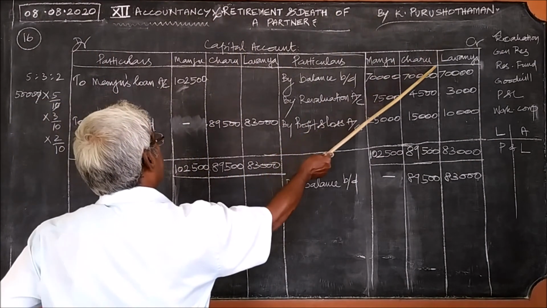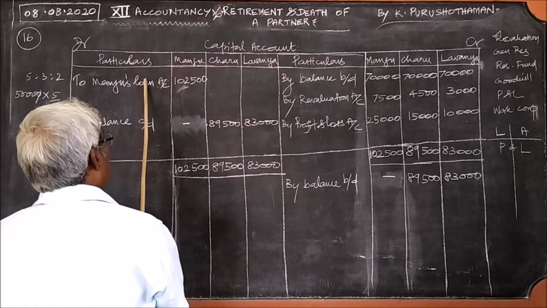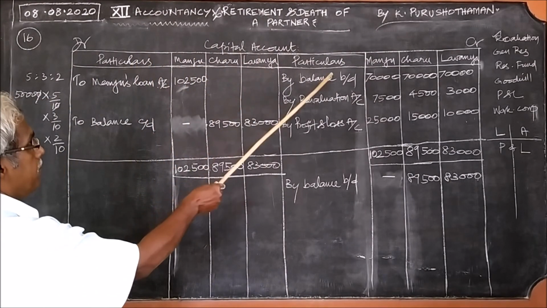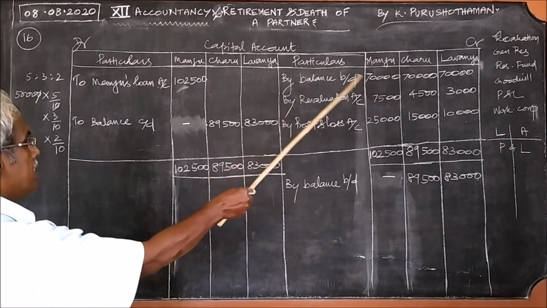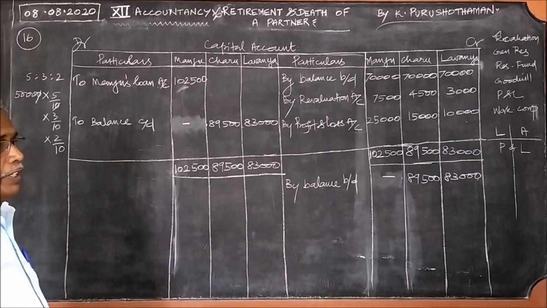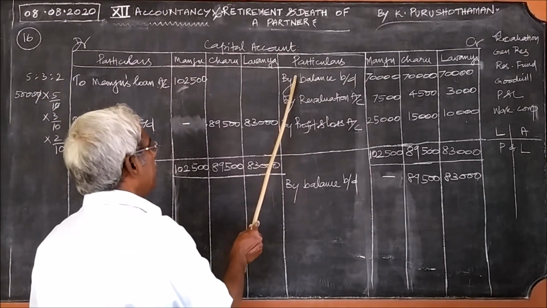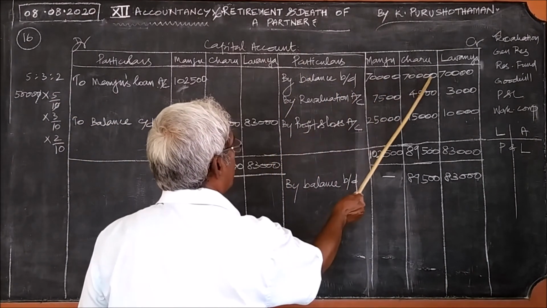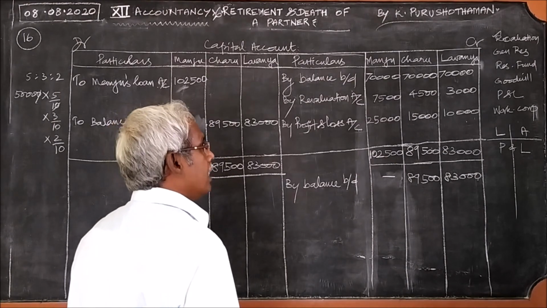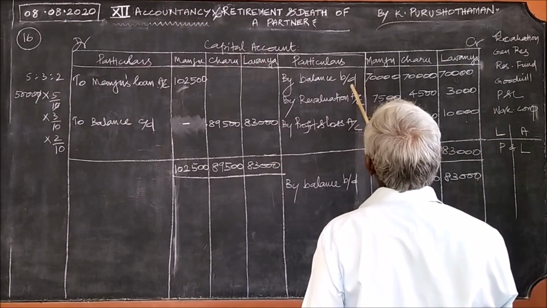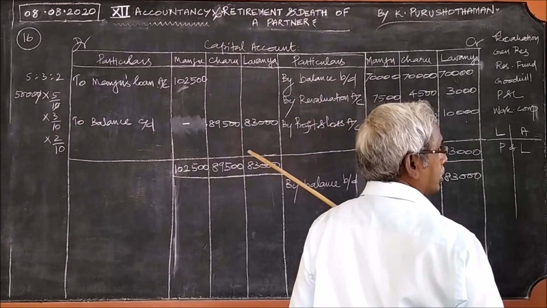You write debtor, creditor on both the sides. The column for capital account is particulars, the three columns for three partners. That side also the same thing. The first one, the capital in the name of the partners should be written by balance brought down here. Then, there are 6 items to be considered for the preparation of capital account.